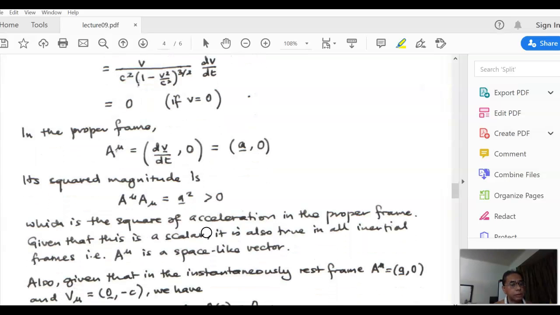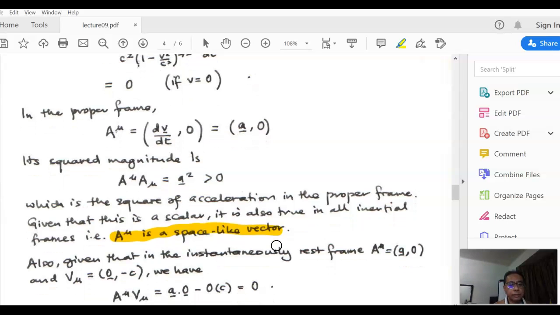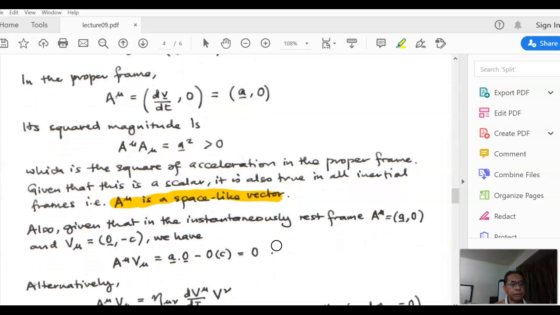This has to be true in all frames since this is a scalar. So what we have proven here is that A mu, the four-acceleration, is a space-like vector. Remember that the velocity itself is a time-like vector, and the acceleration is a space-like vector, which should tell us about the properties of A mu with respect to V mu.